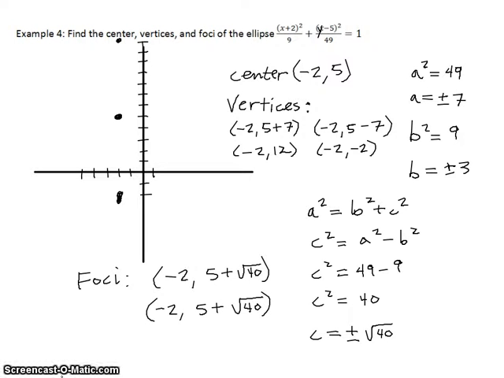Okay, so what does that mean? 5 plus the square root of 40, and 5 minus the square root of 40. Well, the square root of 40 is somewhere in between the square root of 36 and the square root of 49, so that means 6 point something. So we would go up 6 here, and we would go down 6 here, and that would give us our focus points.